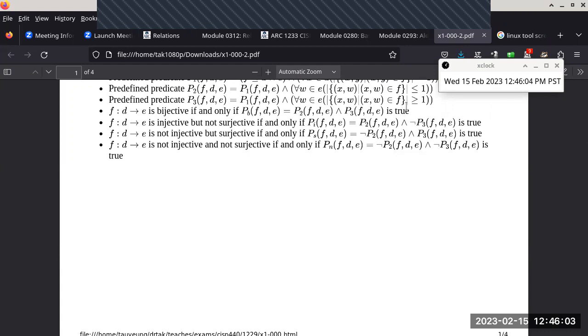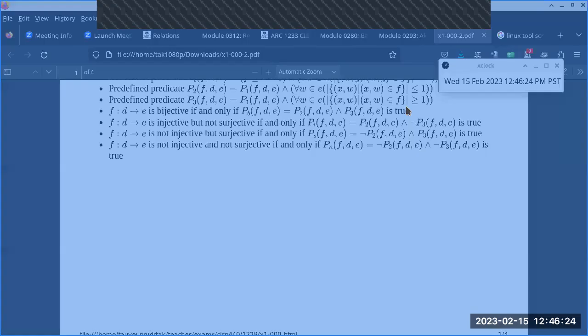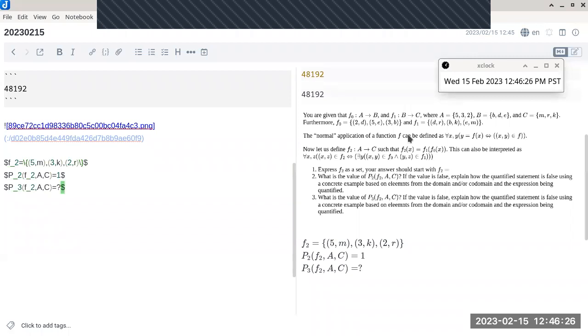You can have multiple things from the domain mapped to the same thing in the codomain. I just need it to be mapped to. So that means at least one element in the domain has to map to every element in the codomain. So that's surjection. So the question is, is the function that we are defining, which is F2, a surjection?